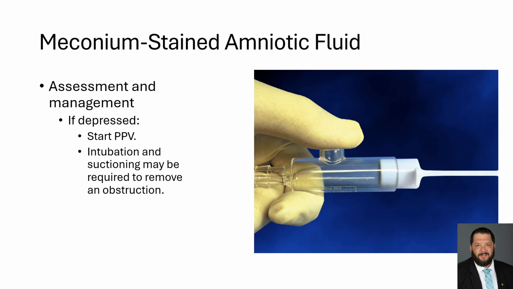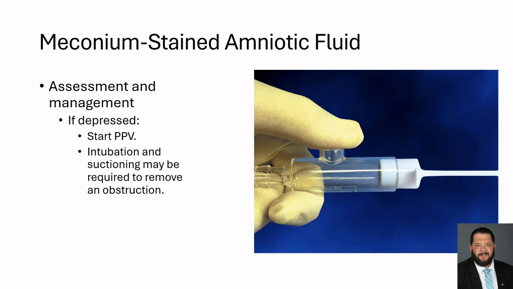The other end attaches to either a very small endotracheal tube, so we're looking at a size 2.5 or size 3 endotracheal tube. Some commercial devices come with a suction catheter that is pre-packaged with it, but most commonly you see it attached to a 2.5 uncuffed ET tube.